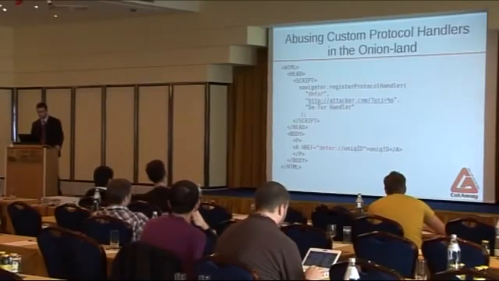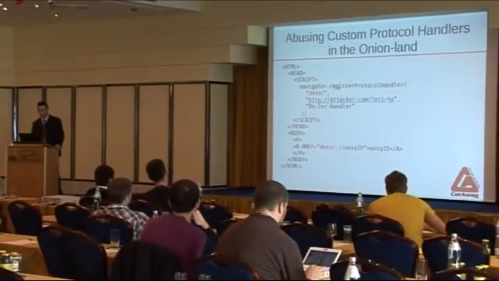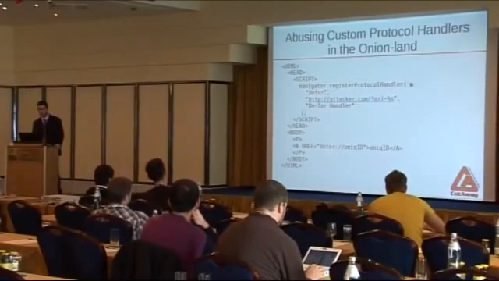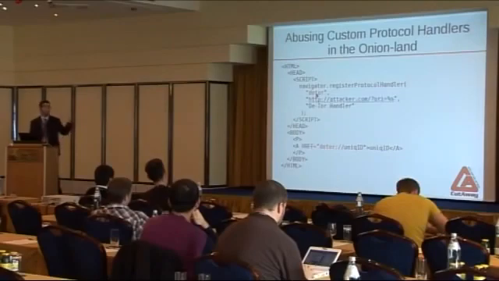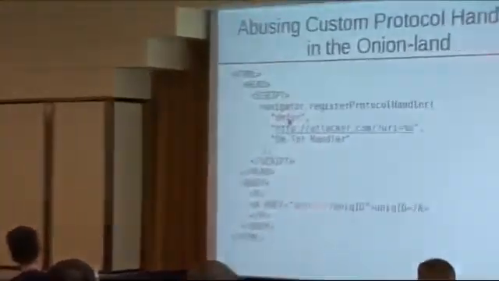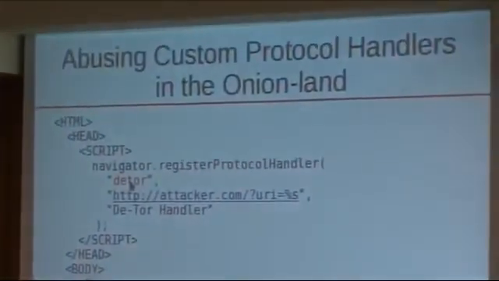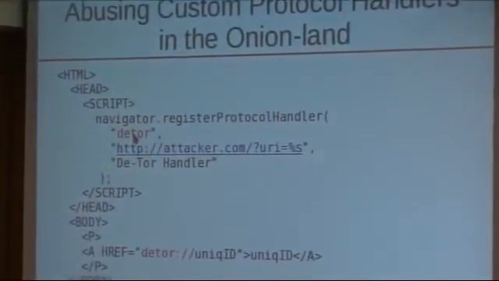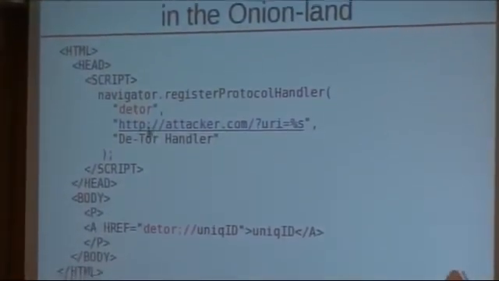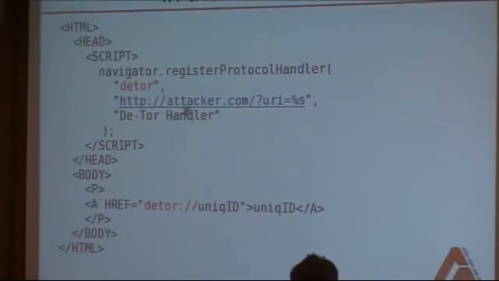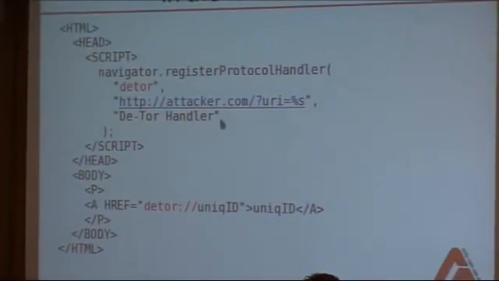We use this piece of JavaScript, which is a registered protocol handler. I hadn't much imagination, so I call the MIME type, the type of the application, the Tor. And I provide a web application URL, which is attacker.com, and a description, the Tor handler, okay?